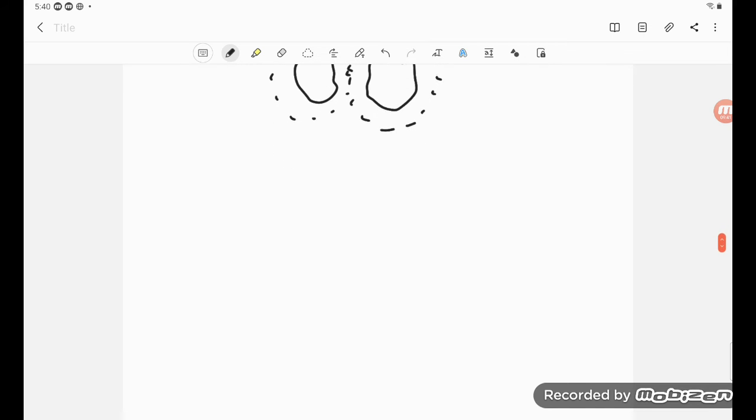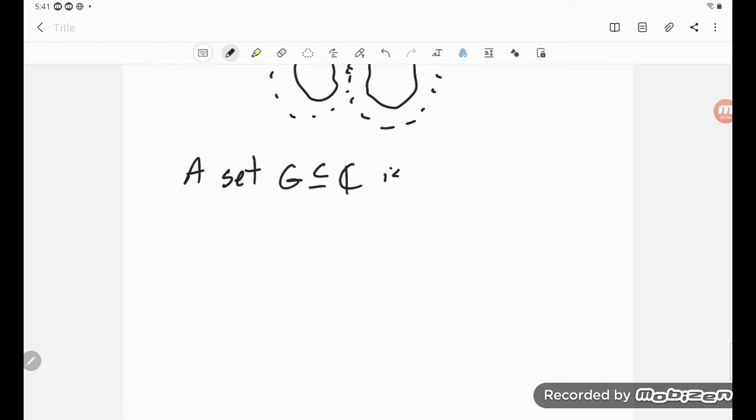Now, connected. Okay, so a single set G, subset of complex numbers, is connected if it is impossible, okay, so there's no such path or no such way. I was going to say path, but we haven't talked about path yet.